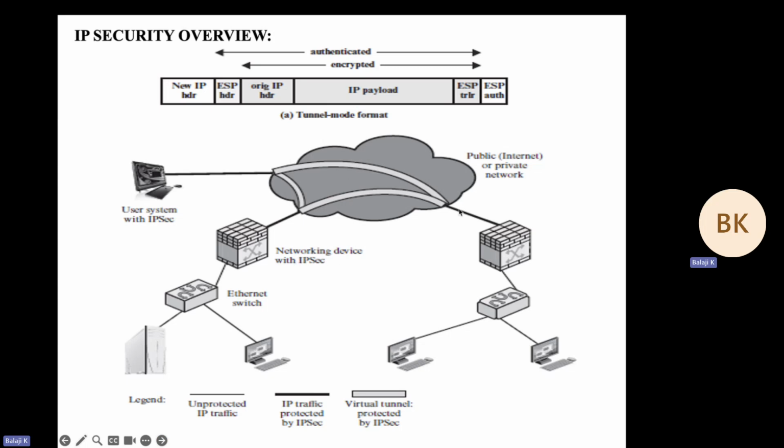This is the internet connection. This part is nothing but virtual tunnels connected from different places, and this is the protected IP security field. From this networking device onward is the public internet. We have secure channels, but from users to the switches we have unprotected IP traffic. So this part is unprotected, this part is protected, and these are the virtual tunnels. This is how IP security architecture is defined.